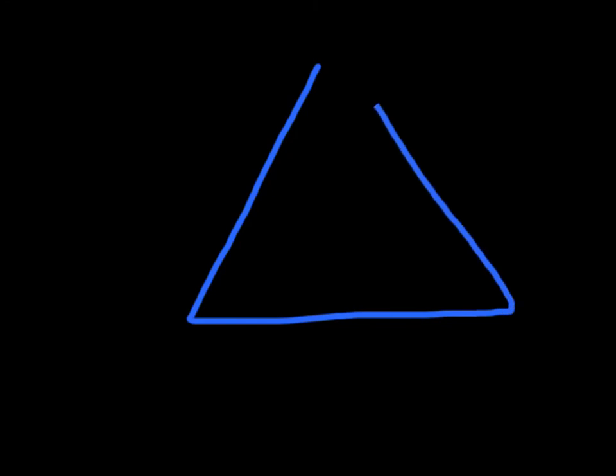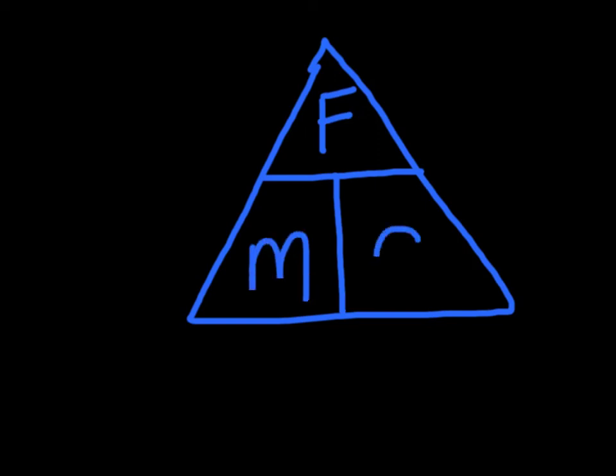In case you would like to use the algebra triangle, you can take that equation, F equals ma, and put it in to make your math a little bit easier. Force goes in the top of the triangle, then mass, then acceleration.